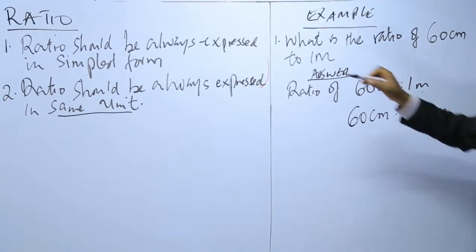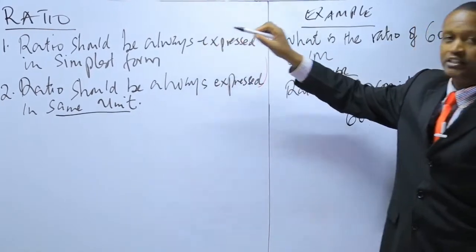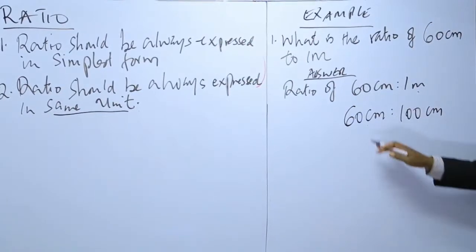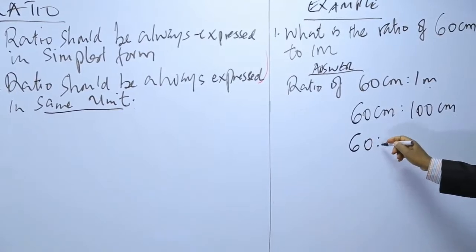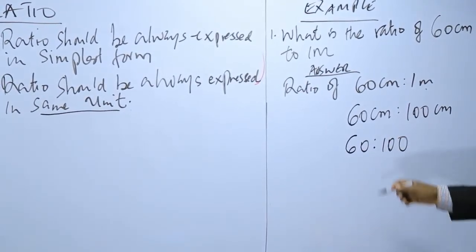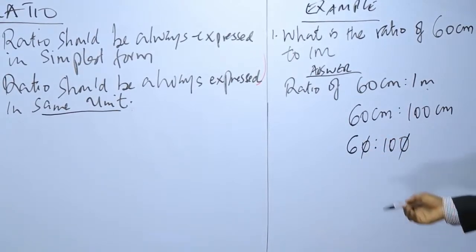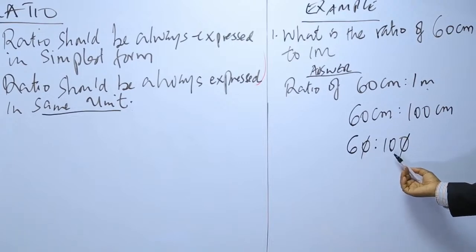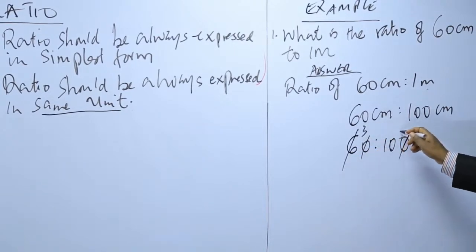The first rule says that ratios should be expressed in simplest form. Now expressing 60 to 100 in its simplest form, this 0 cancels out with this 0. We have 6 to 10, 2 goes here 3 times, 2 goes here 5 times.